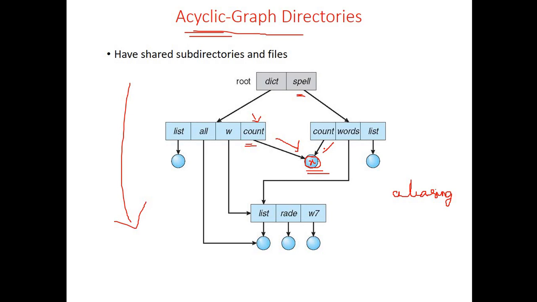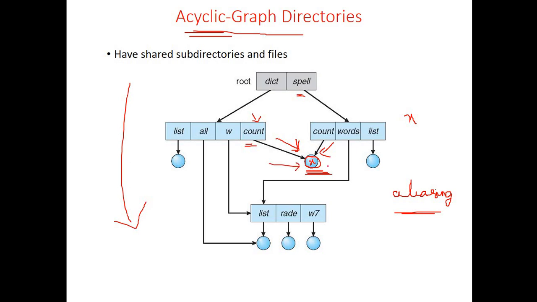So this logical link will be nothing but an aliasing name given to X, so that the file X can be accessed by its own name X or by using the aliasing name. It is like maintaining multiple names for a single file.